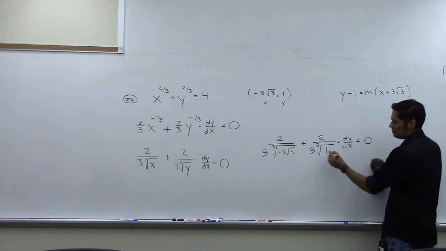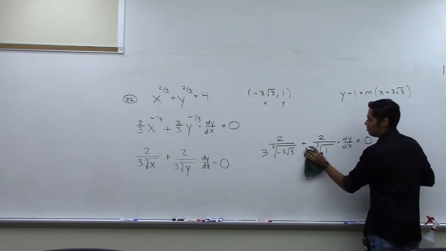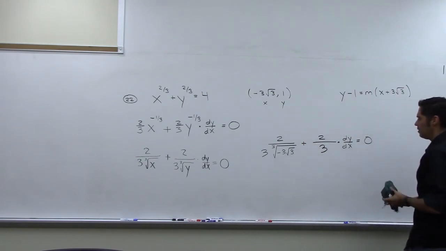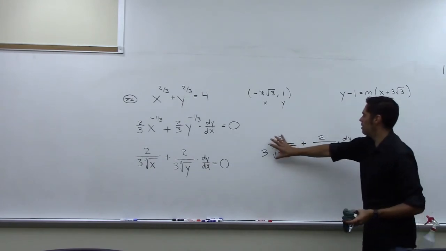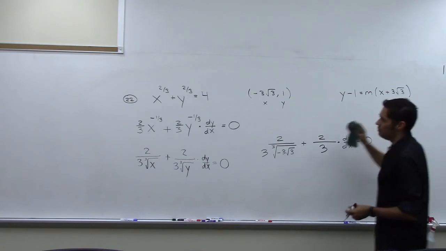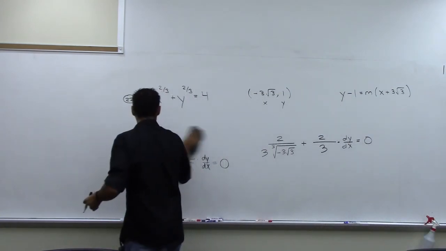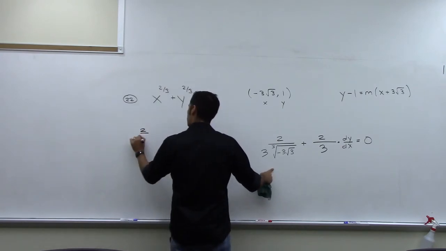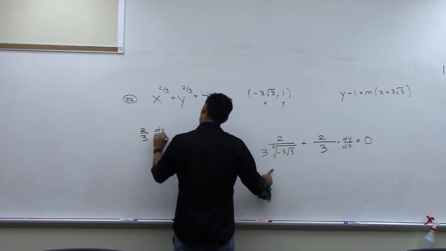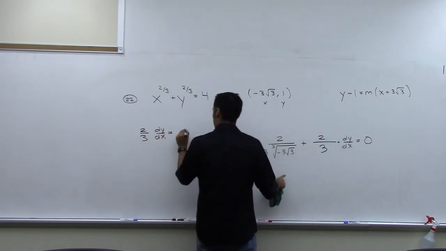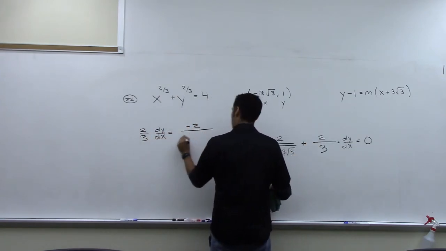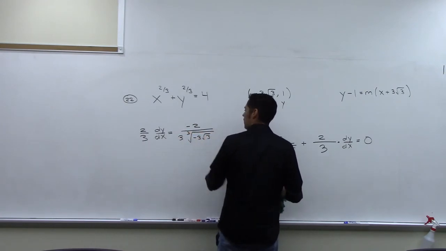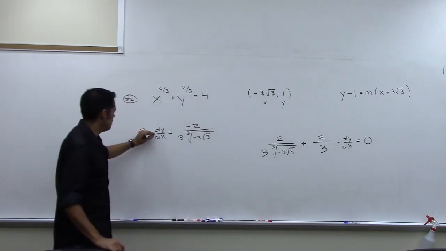This is nice because the cube root of 1 is just 1, so this just becomes 2/3. That one, not so nice. But I'll move this to the other side first. So 2/3 dy/dx equals negative 2 over 3 times the cube root of negative 3 root 3.